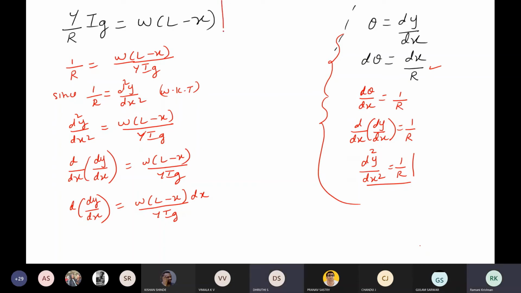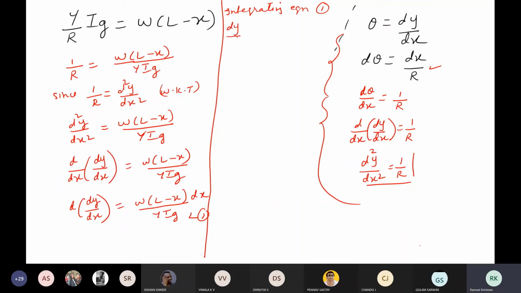I want to do it in the same screen, so we'll do that. Now I'll integrate. Let me take this as equation 1. Integrating equation 1, what will I get?